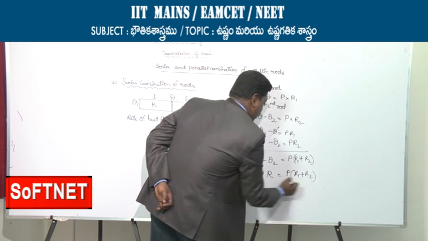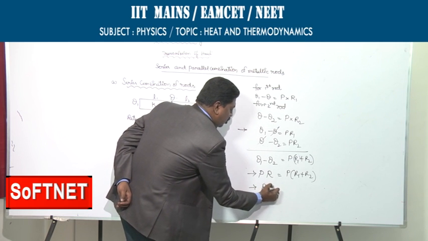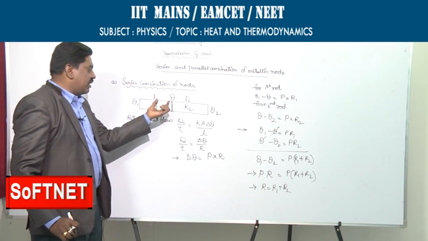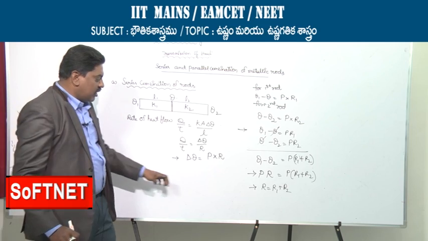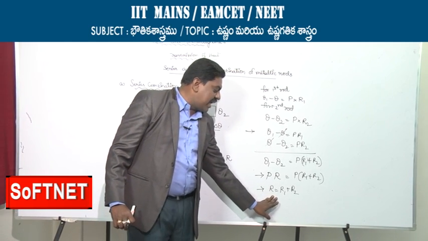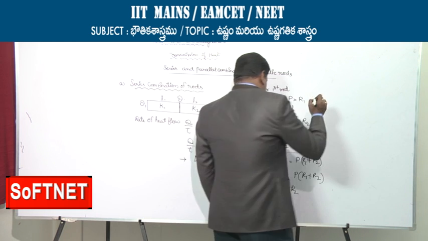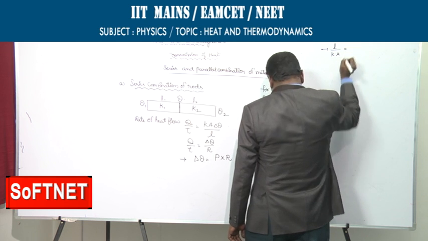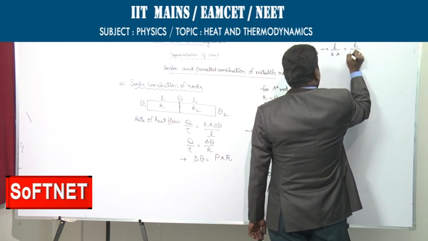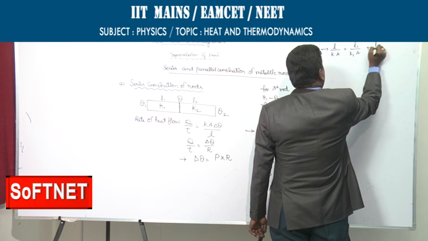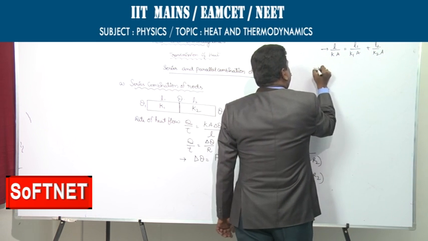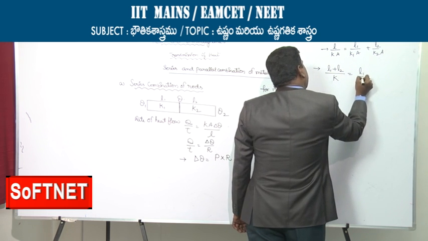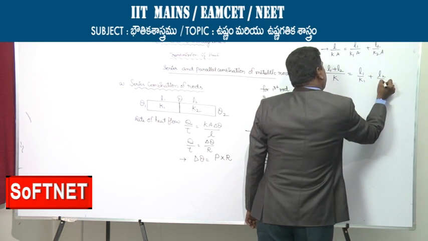Power gets cancelled on both sides, R equals R1 plus R2. Whenever the rods are in series combination, the effective thermal resistance is R equals R1 plus R2. This implies L by K A equals L1 by K1 A plus L2 by K2 A. This I can write as (L1 plus L2) by K equals L1 by K1 plus L2 by K2.